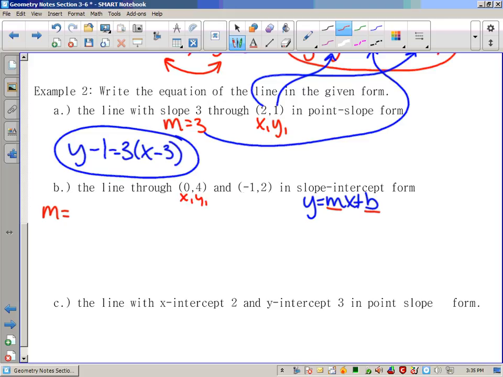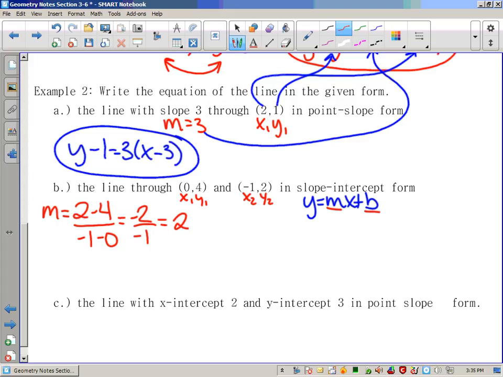Sometimes it helps to put x1, y1, x2, y2 underneath your points so you don't get lost. This would be 2 minus 4 over negative 1 minus 0. 2 minus 4 is negative 2. This is positive 2. So that's your slope m.